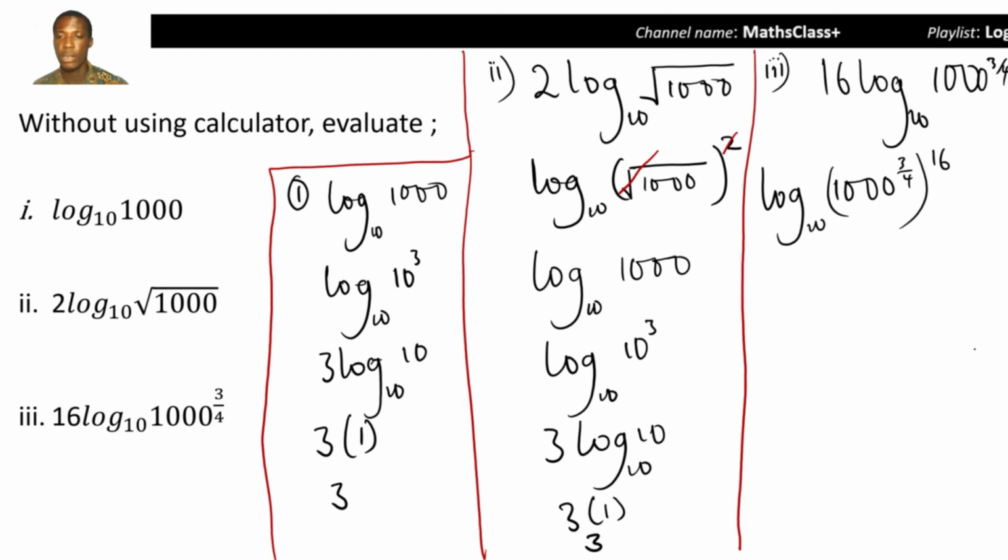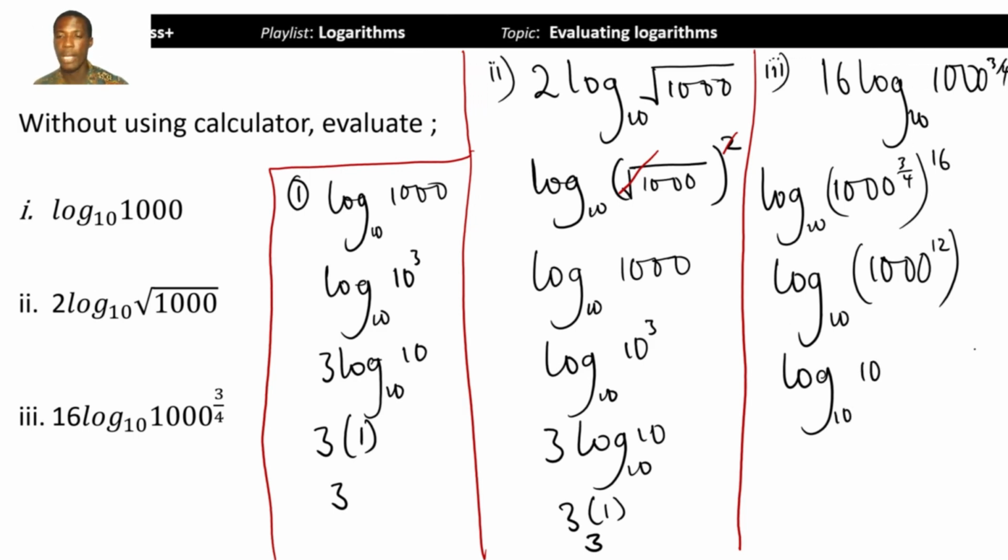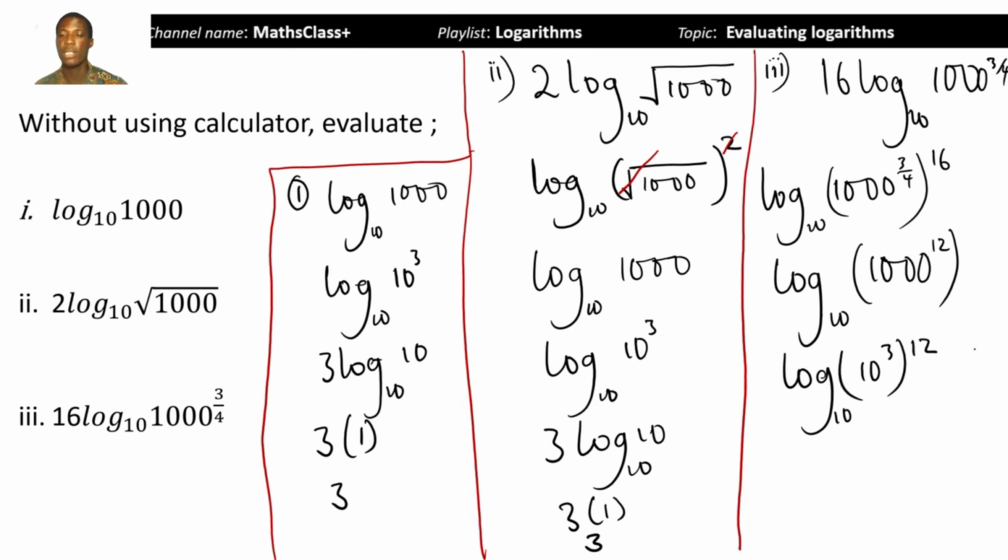So we can have it as log to the base 10 of, so 4 goes into 16 4 times. So 4 will multiply 3, that will give us 1000 to the power 12. And this we can rewrite as log to the base 10 of 10 to the power 3 and then to the power 12, like this.